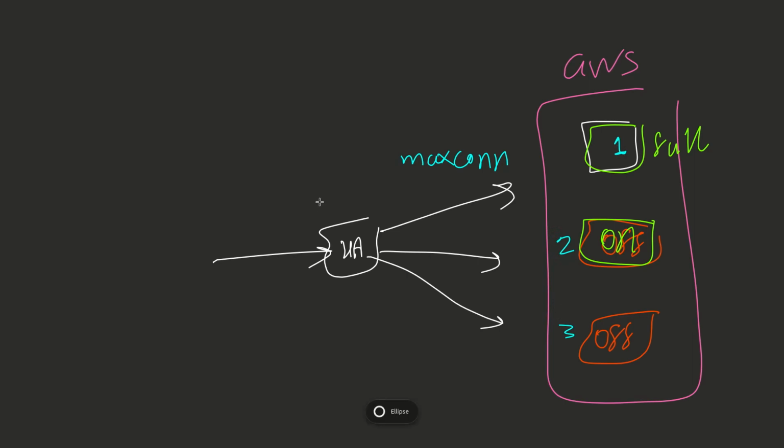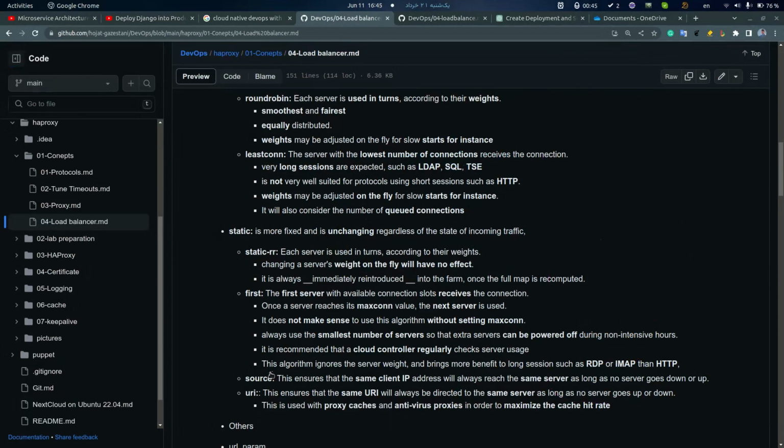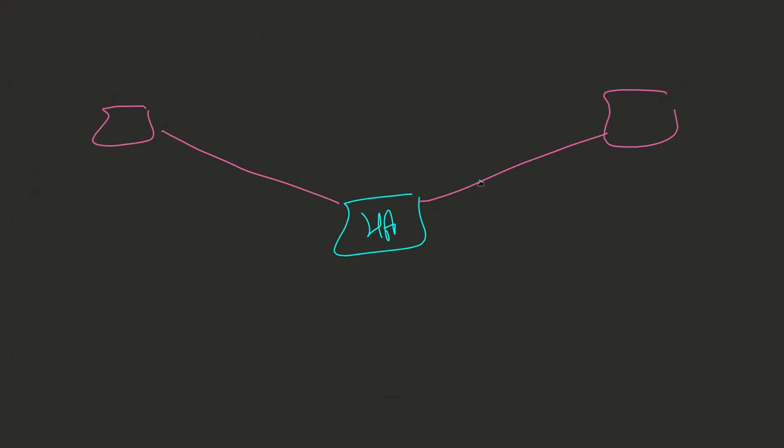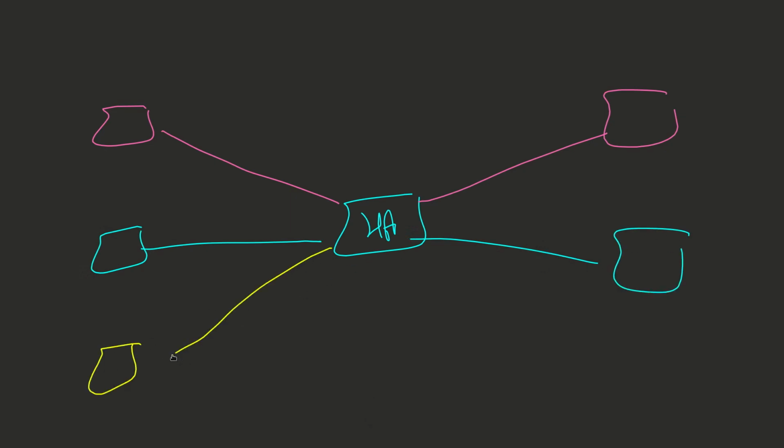Next, we have source as another load balancing algorithm. Imagine this is our HAProxy and we have different kinds of frontend and backend. Our clients have different IP addresses, for example 1.2, 1.3 and 1.4.